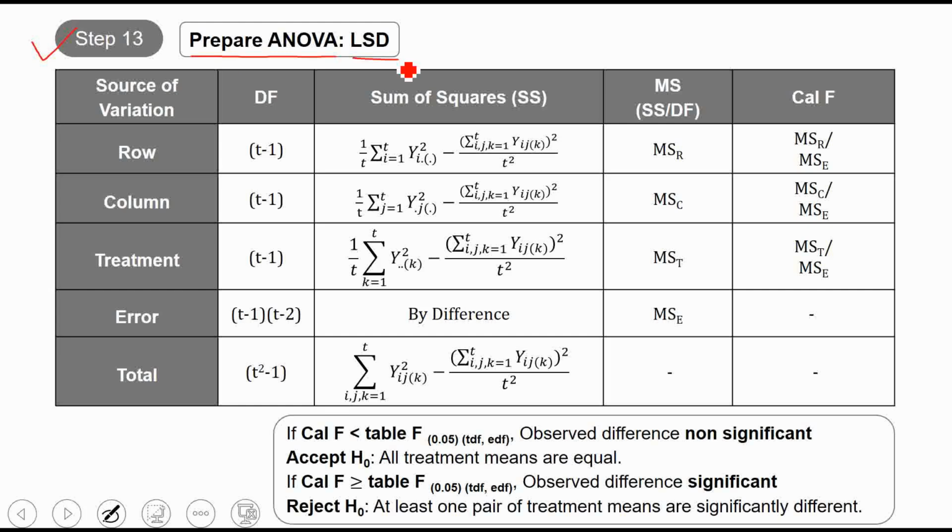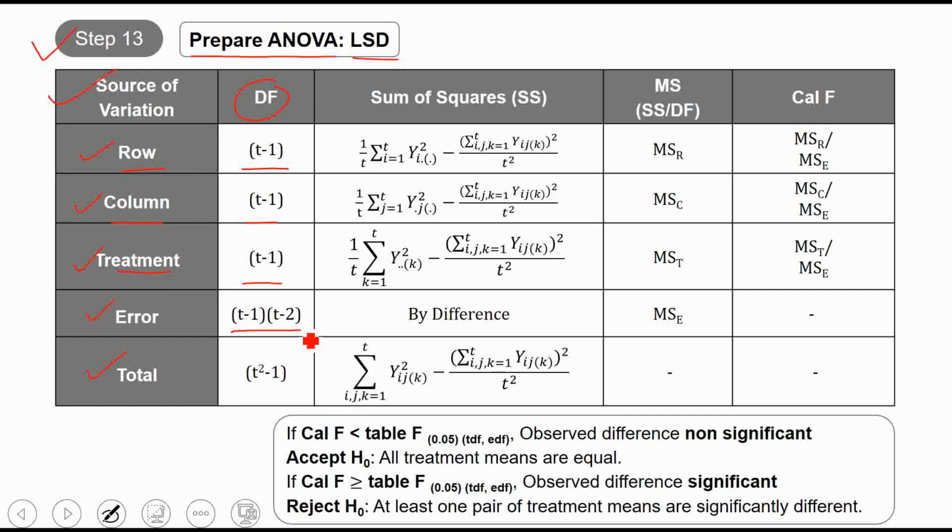The ANOVA for LSD constitutes source of variation which includes row, column, treatment, error and total. The degree of freedom for row, column and treatment is t minus 1. For error, it is t minus 1 into t minus 2.